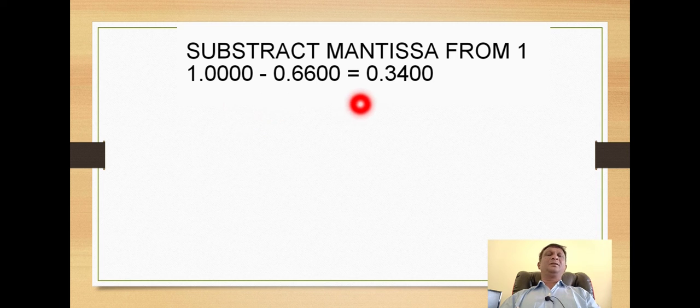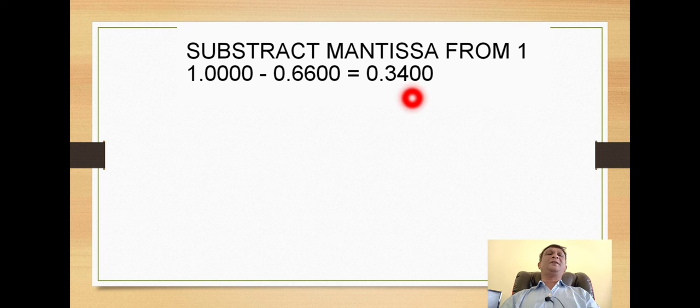This subtraction of the mantissa value 0.6600 from 1 gives the value 0.3400. Now this value is highly important to us because here we have to look for the anti-log value of 0.34 in the 0 column.